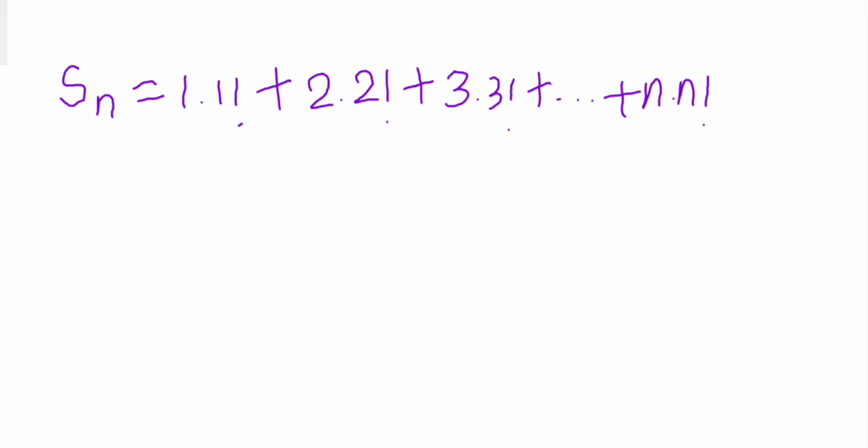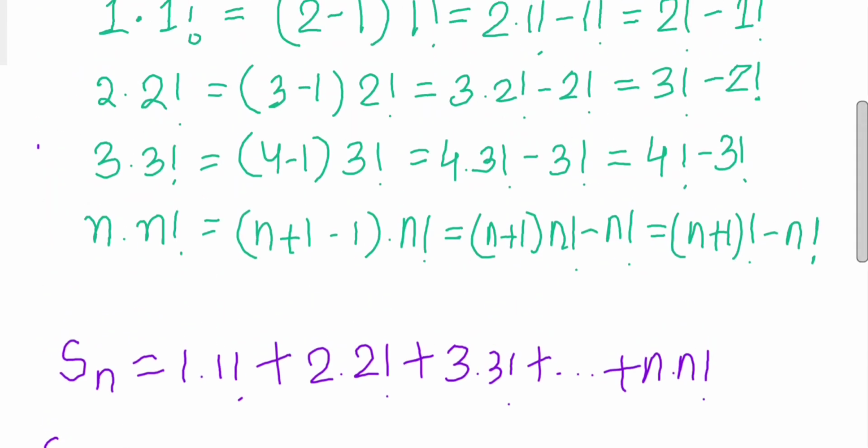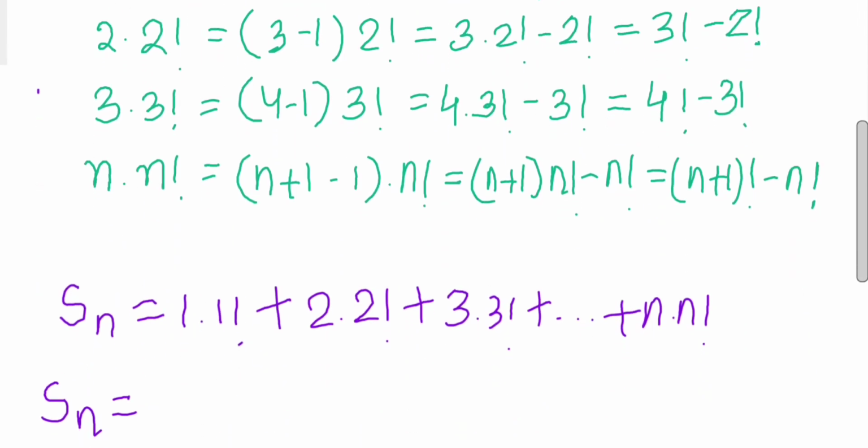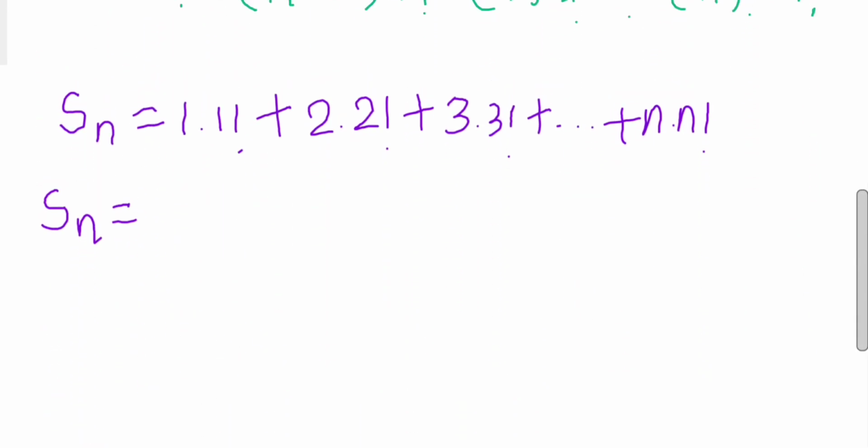So now I can replace each term. The first term, you can see, is 2 minus 1, so this term equals 2 factorial minus 1 factorial.